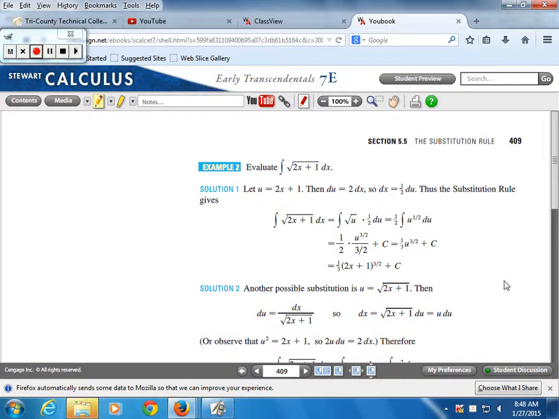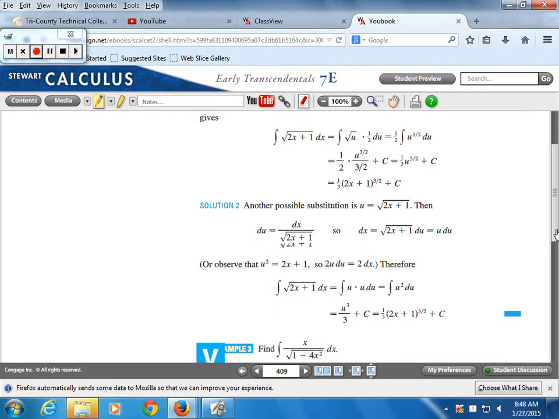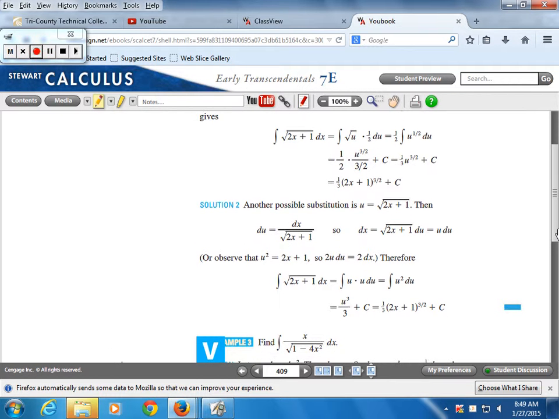But let's try another example that they start off with. Let's try that one. x over the square root of 1 minus 4x squared.